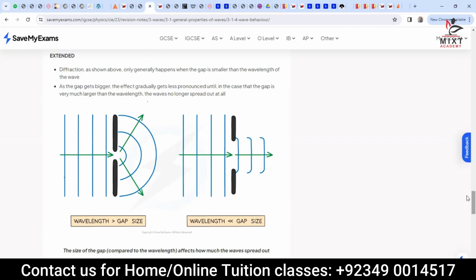Okay. After finishing these waves, we will jump to radioactivity. And then after radioactivity, we will do magnetism and electromagnetism. Once we finish all this, I tell you 60 to 65% of the syllabus is actually covered. Then whatever time we have, we will do the classic physics, which is kinematics, pressure, all these, okay?